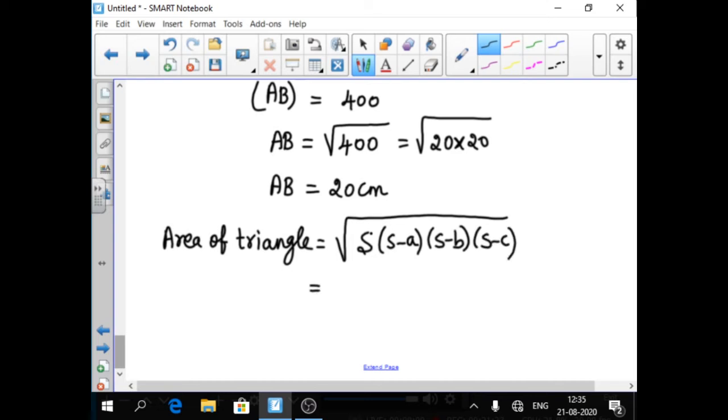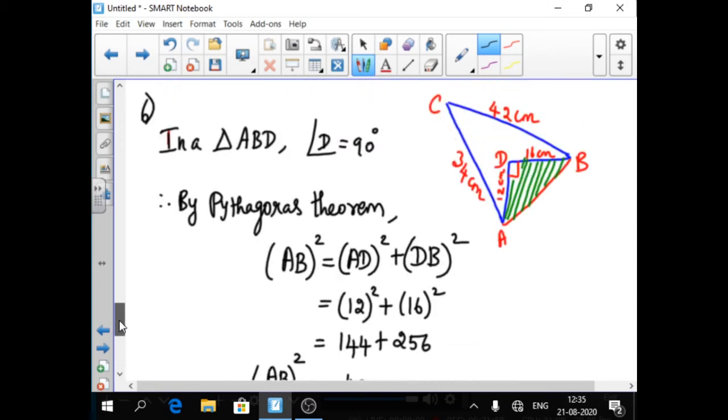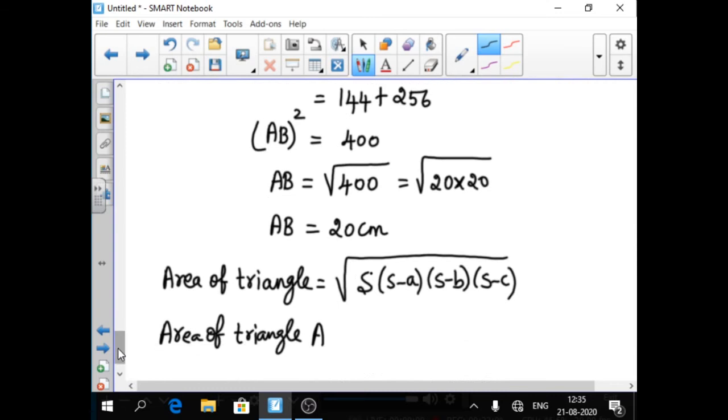First we want to find the S value. So take the area of triangle ADB.